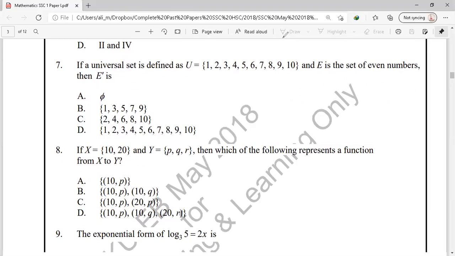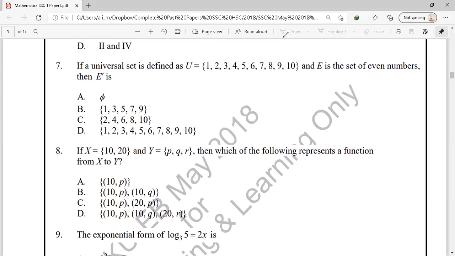Next we have question number 7 and 8. In question number 7, we have a universal set 1 to 10 and E is the set of even numbers. Then we have to find the value of E complement, and E complement means universal set minus the set of even numbers.